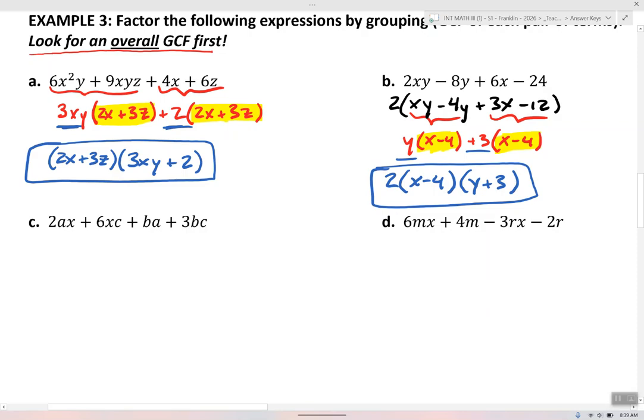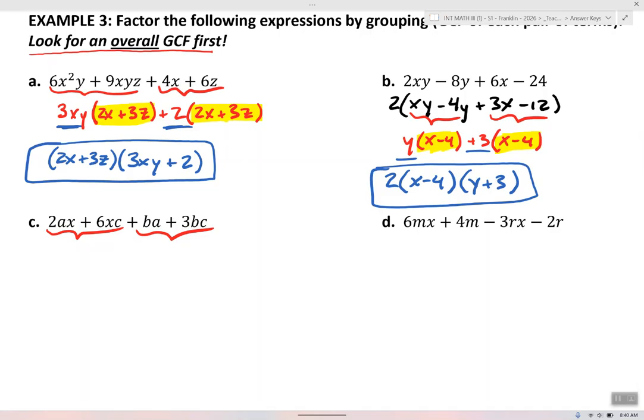Okay, example C. Again, look for an overall GCF. I don't believe they have one. So we can go to grouping. And if you miss the overall GCF, it'll show up when you do grouping. So if you miss it at the beginning, it will show up in one of your factors. For example, on B, if I didn't take that 2 out, I might have gotten a 2x minus 8 or a 2y plus 6. And I could have taken the 2 out afterwards.